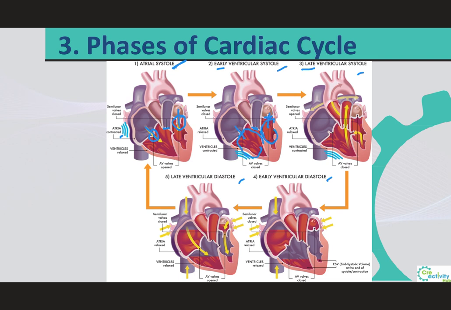Because the semilunar valves are not open, both valves will be closed. This will increase the pressure inside of the ventricle. Then we'll go to the next phase, which is the late ventricular systole, where there's enough pressure inside of the ventricle that it will exceed the pressure in the arteries, and therefore this will allow the semilunar valves to open and the blood will be ejected.